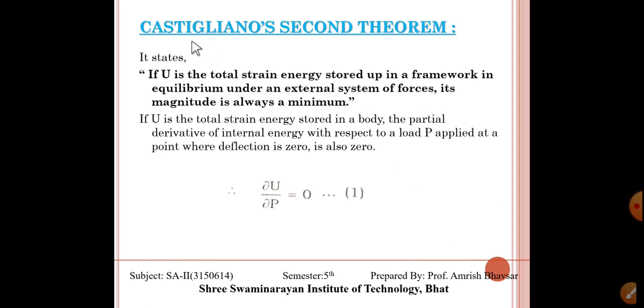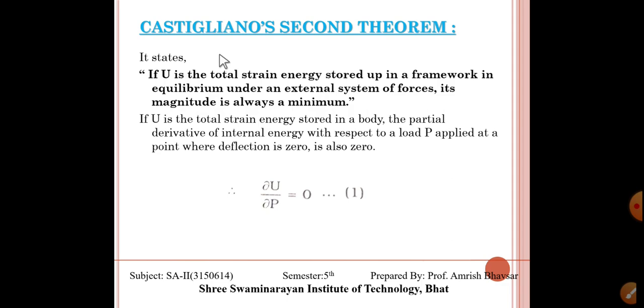Now, in the second theorem, what he told is that if we have any indeterminate structure, it will have some degree of indeterminacy, that is called DS, which we will discuss in our previous subject, fundamentals.